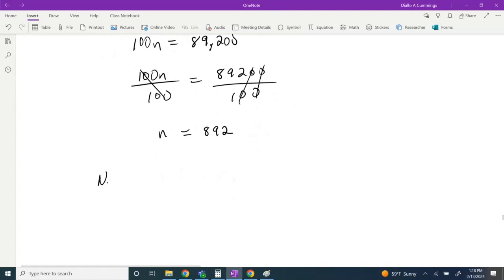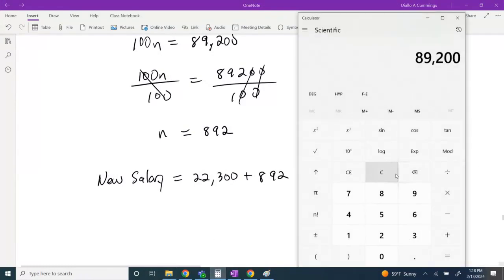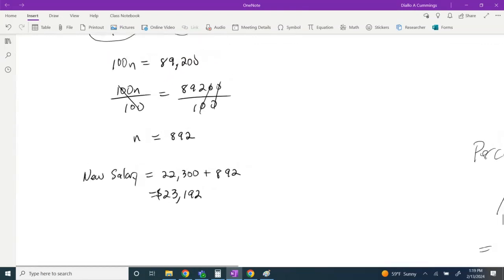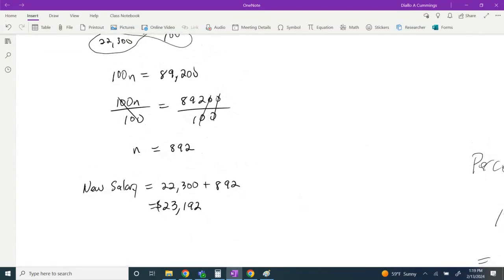So to find the new salary, we're going to take the original salary, which was 22,300, and we're going to add the increase of $892. And we're going to get 23,192. So $23,192 should be the new salary.